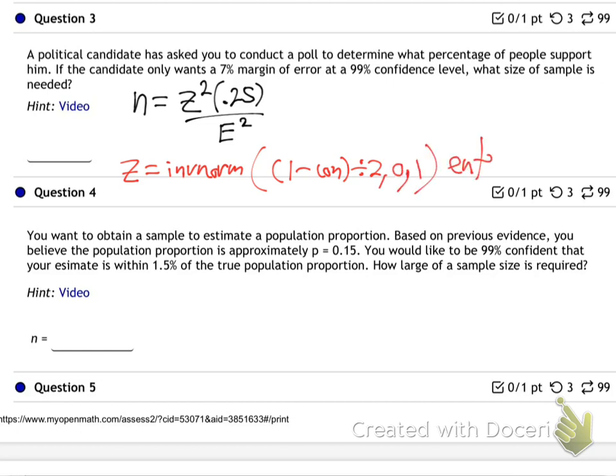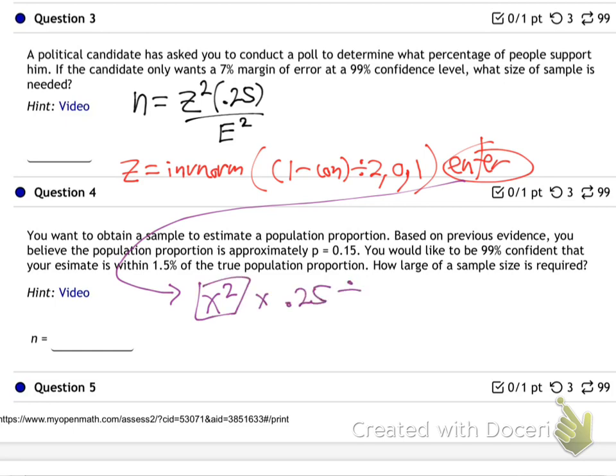Hit enter, and then after enter, hit the x squared button, times 0.25 divided by the error squared. The error is the 7%. 7% squared. Hit enter.